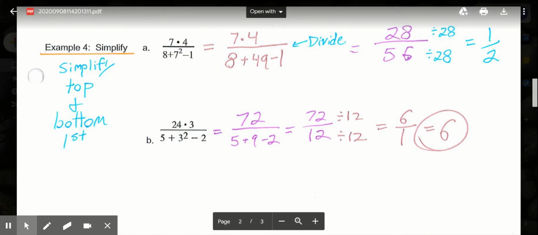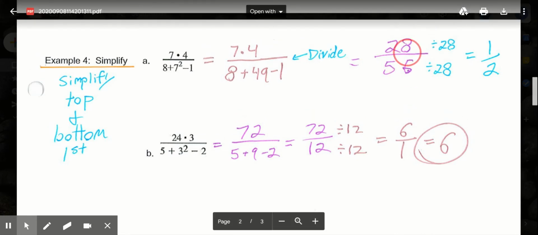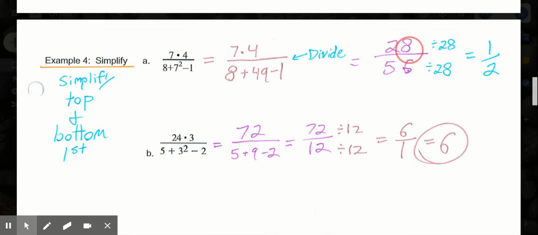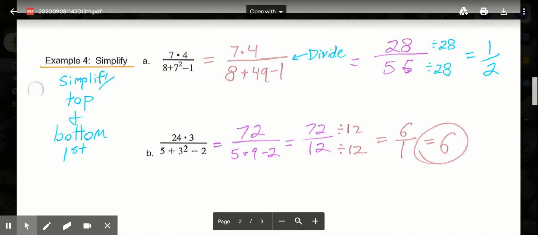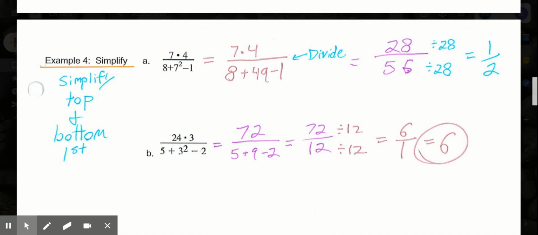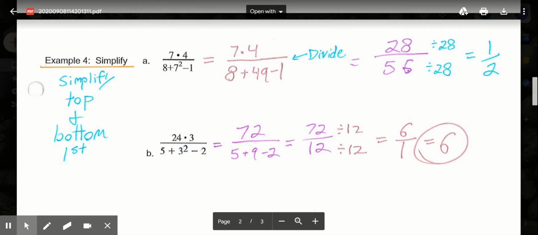So once we've done the math on top and bottom, then we can look at our fraction and see if the top and bottom can be simplified further by dividing them by the same factor. So 28 and 56 can both be divided by 28. So that would simplify to 1 over 2.